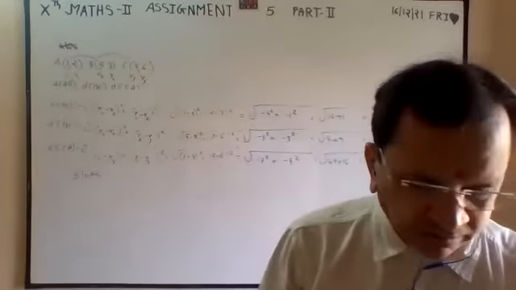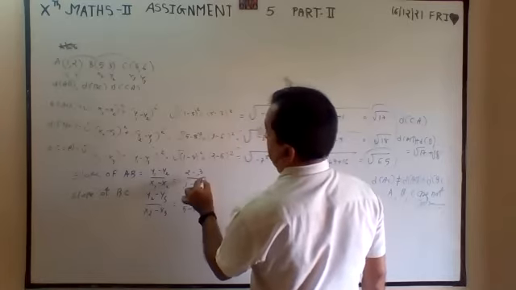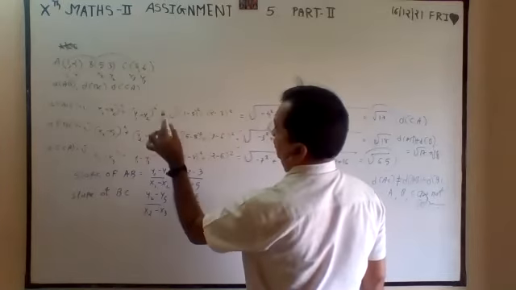Here y2 minus y3 divided by x2 minus x3. y1 y2 y3: 2, 5, 5, 8. 2, 3, 3, 6, 1, 5, 5, 8.